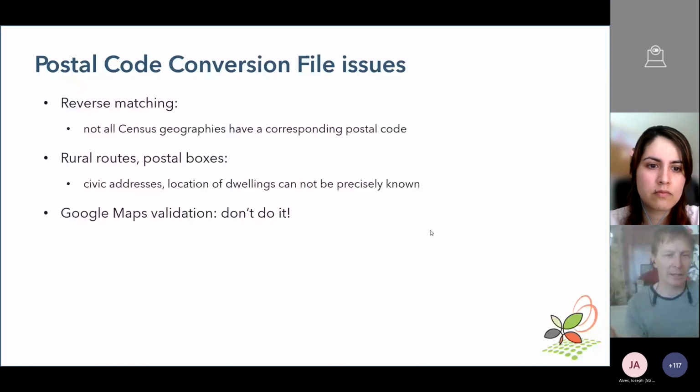You're going to have issues with civic addresses and locations of dwellings that may not correspond exactly to what's indicated for that postal code in the PCCF because of rural routes, postal boxes, and other inaccuracies.